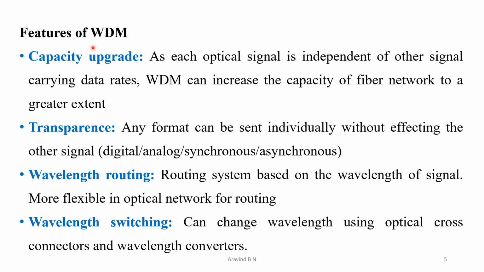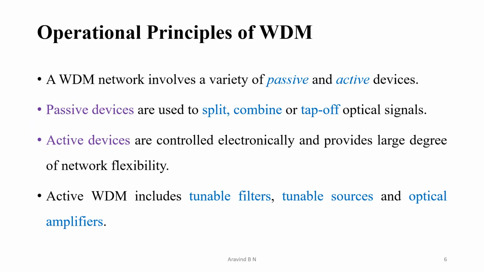Let us go through the features of WDM. Only the headings I am going to present: capacity upgrade, then transparency, then wavelength routing and wavelength switching. Coming to the operational principles of WDM. A WDM network consists of both passive as well as active devices.